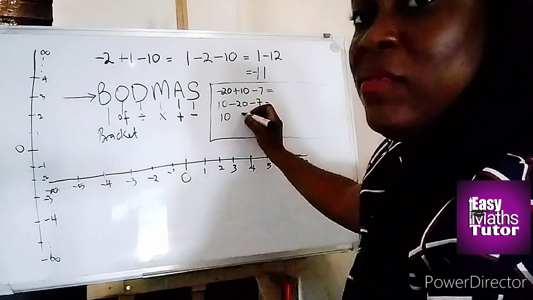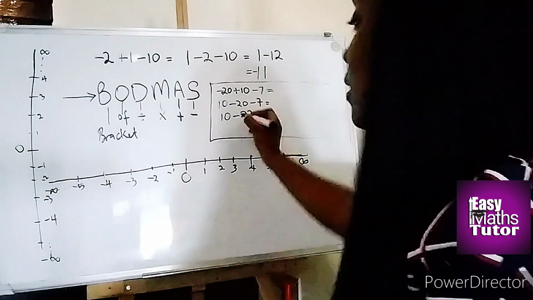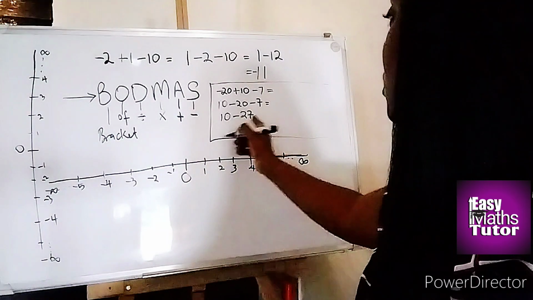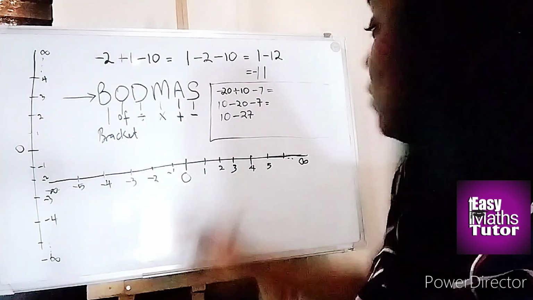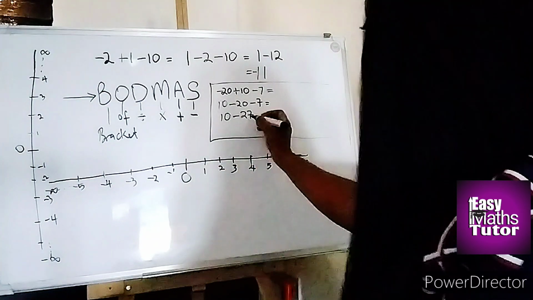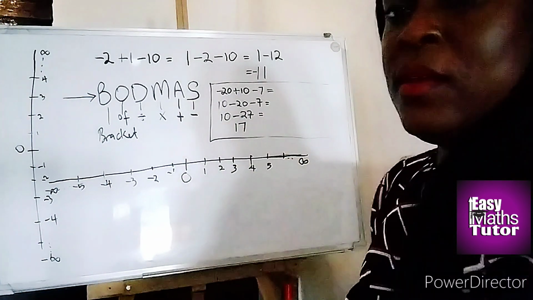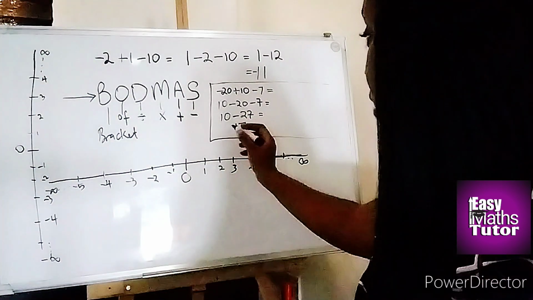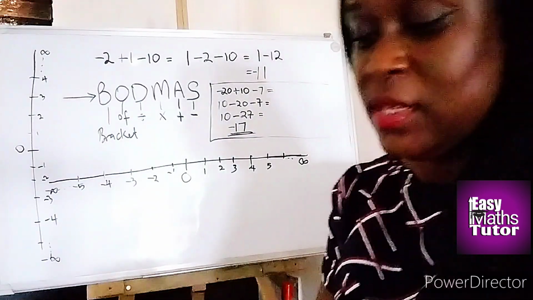Remember, they are negative numbers, so add them up, giving us 27 and a minus. And then we'll subtract these numbers normally, as though they are not negative. 27 minus 10 will give us what? Will give us 17. And because 27 is negative, the answer will be minus 17.